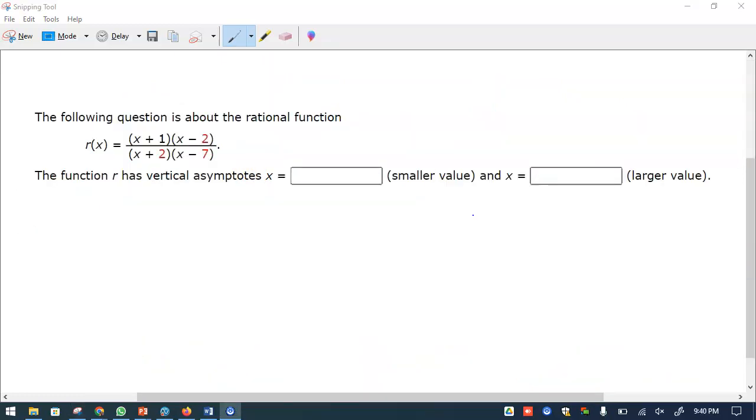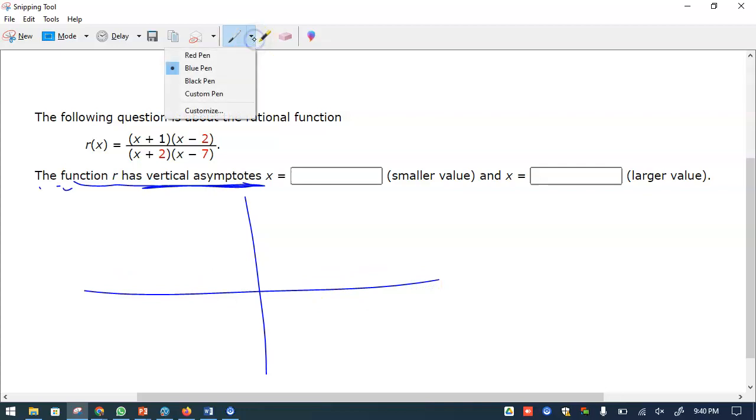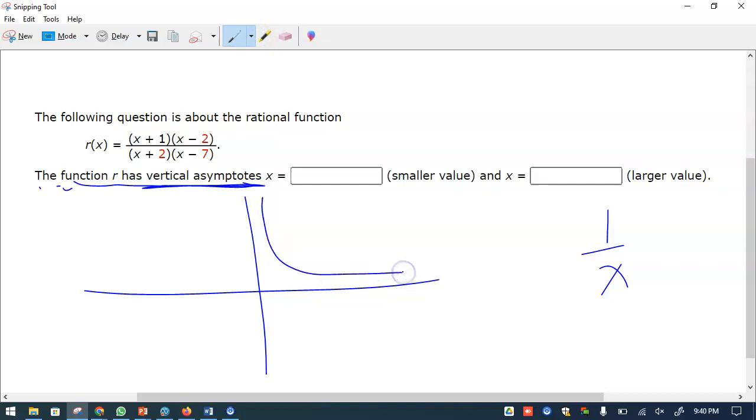Now, for the function R we need to know what a vertical asymptote is. Let's say 1 over x is the parent function of the rational function. As x becomes very, very large, you can say as x approaches a very large positive number, y almost becomes 0.